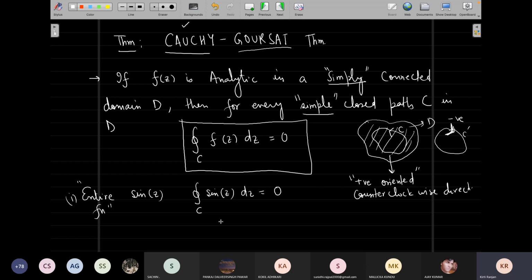This will be 0, and this C can be traversed positively or negatively, and in fact it holds for any simple closed contour lying in the entire region. It doesn't matter where the contour is, because sin z is analytic everywhere, for |z| strictly less than infinity. The same thing is true for e raised to the power z. If I ask you to evaluate the integral of e^z dz, you'll say, okay sir, the result is 0 coming from the Cauchy-Goursat theorem.